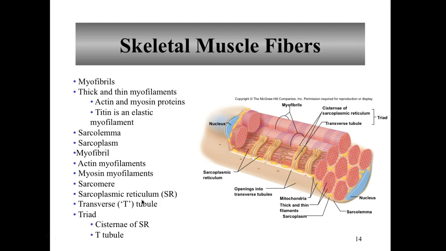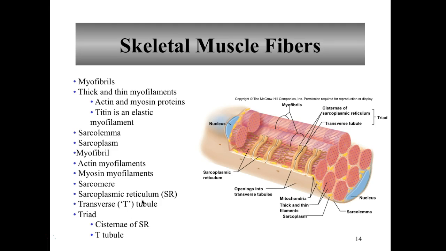Now, the sarcoplasmic reticulum is the same as the endoplasmic reticulum in other cells. But because we're looking at it in a muscle cell now, we give it this fancy name.